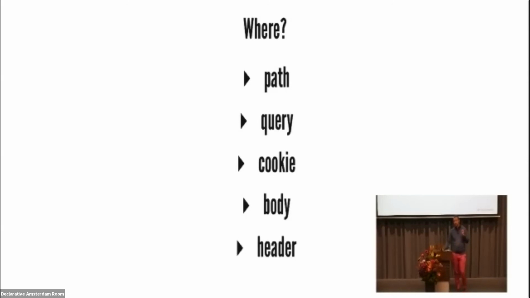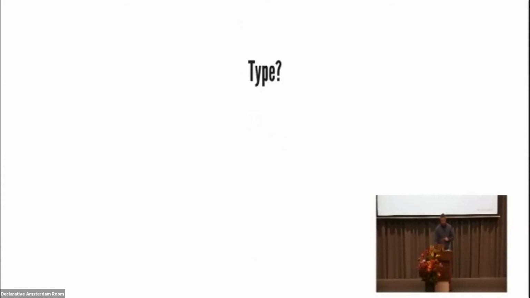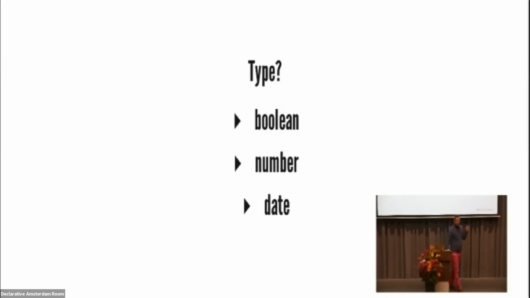So each of those can be specified and also will then end up in the parameters object that is passed to the handler. We come to that later. What is the type of this? It's a Boolean, a number, a date. There's even more, and I will come to that later. But also, these parameters will then be cast to that type for you, so you don't have to do that yourself.